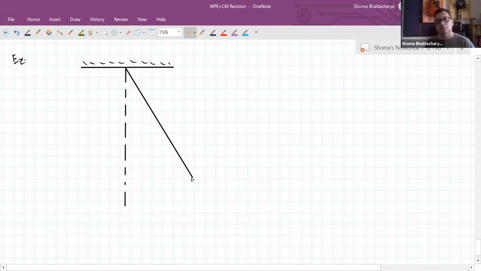Wherein we have a particle, let's say of a certain mass, attached to a light thread of certain length, let's say.